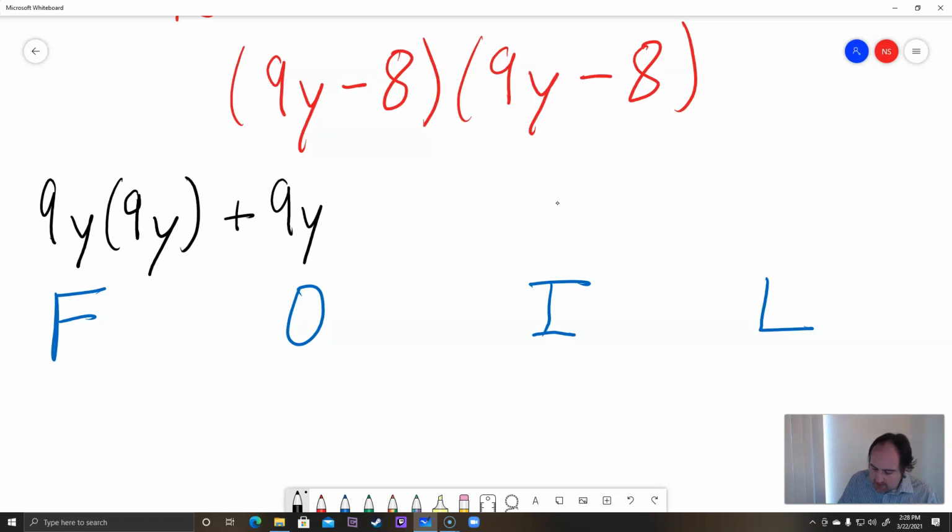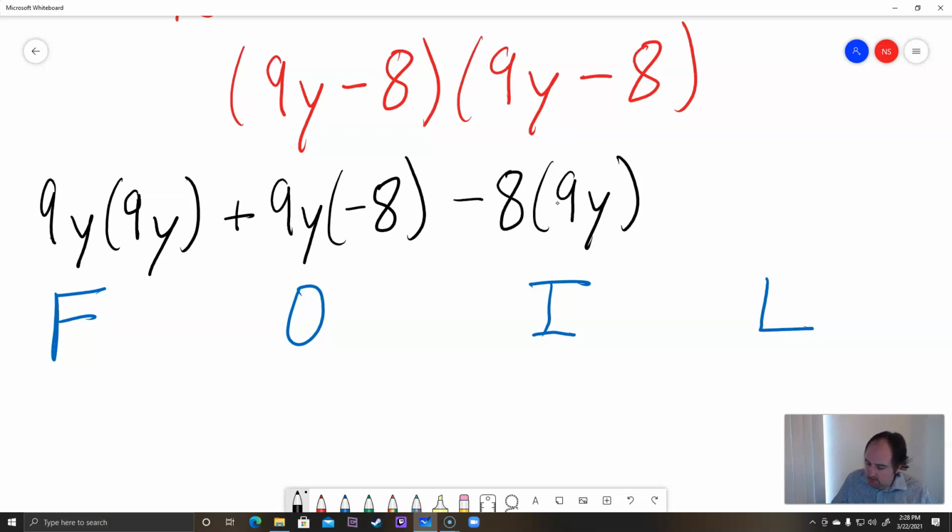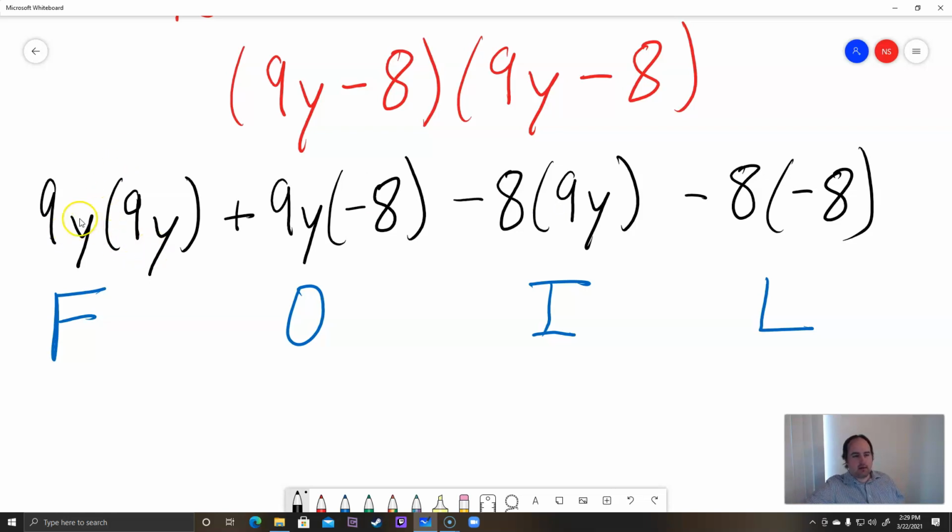Okay, so we have plus 9y times negative 8. And then our inner is going to be minus 8 times 9y. And then our last is going to be negative 8 times negative 8. First, outer, inner, last. And I got lazy and I didn't write the crescents because I didn't feel like drawing them again. Okay, and then we're going to multiply each of these out.